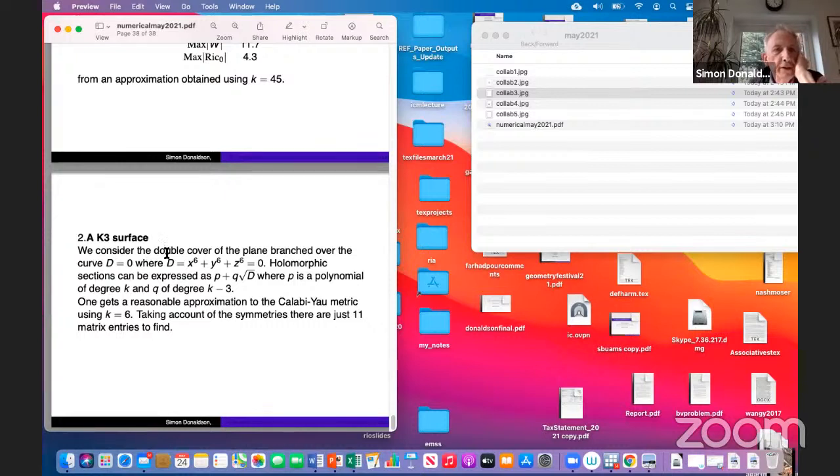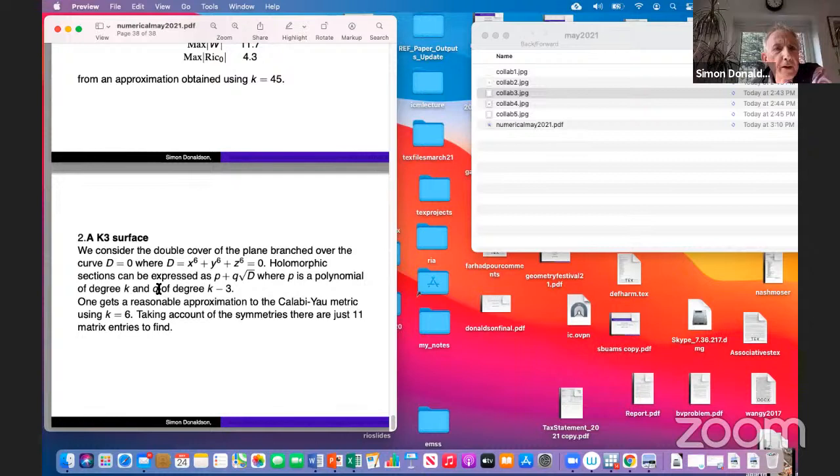If you take the one which is a double cover of the plane branched over an especially symmetric curve of degree 6, given by x^6 + y^6 + z^6 = 0, then you can write down your holomorphic sections quite explicitly. You take the square root of d formally, and then you take p + q times the square root of d, where p is a homogeneous polynomial in x, y, z of degree k, and q has degree k - 3.